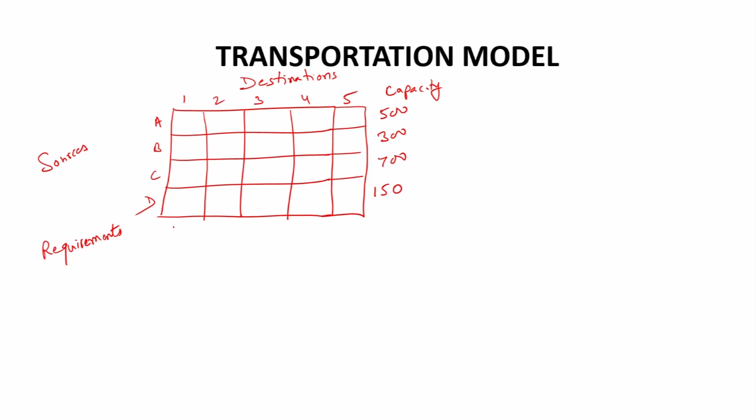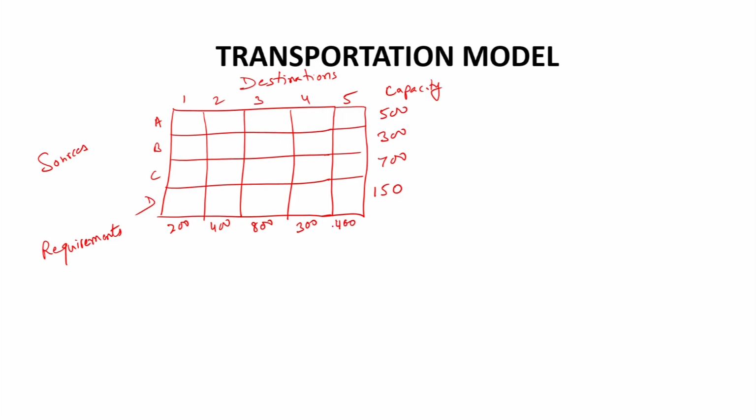Destination 1 has a requirement of 200 units, destination 2 has 400 units, destination 3 has 800 units, destination 4 has 300 units, and destination 5 has 400 units.